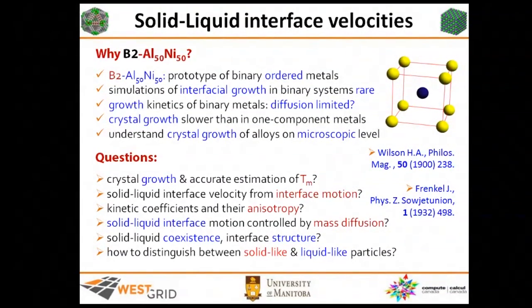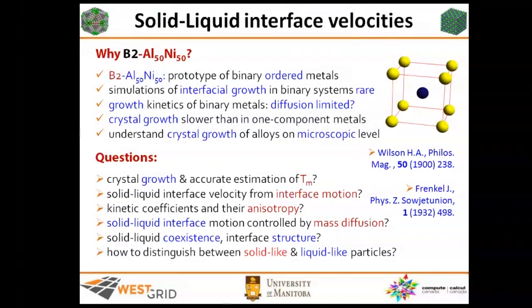Using pure systems, solid and liquid, you can have access to some parameters, for example, lattice parameters, how the density changes as a function of temperature. You can have access to structural quantities like radial distribution function and dynamical quantities like self-diffusion.